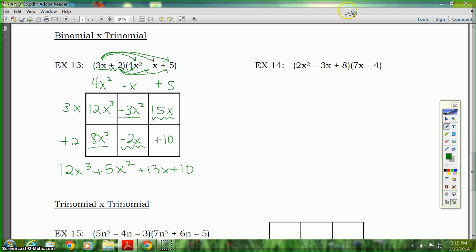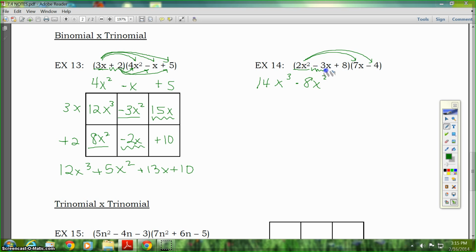Okay, number 14, I have a trinomial times a binomial, and again, I'm going to use that distributive property. I'm going to take 2x squared and multiply it by 7x and negative 4. So that gives me 14x to the third power and negative 8x squared.